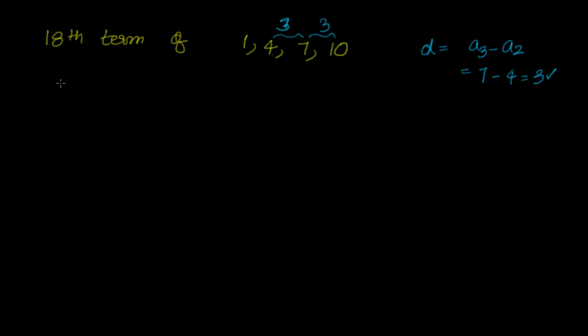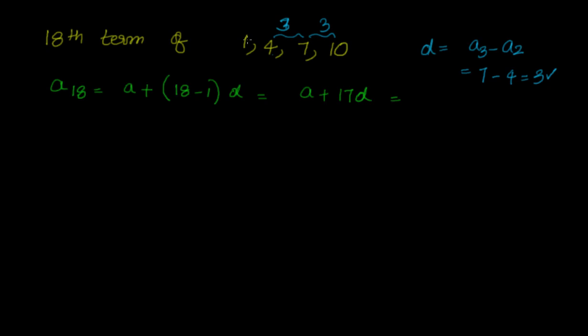Now I want the 18th term. I will write a18 equal to, applying the formula, a plus n minus 1, that means 18 minus 1, into d. That is a plus 17d.